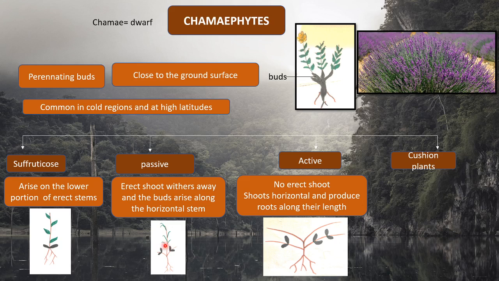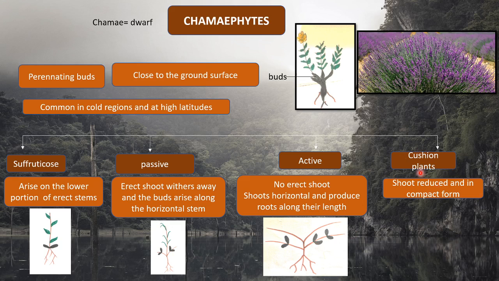Whereas in passive there is an erect stem formed, but that erect stem then withers away and dries away and then the buds arise from new horizontal branches. Whereas in active there is no erect shoot, and because of that horizontal shoots come out, and bud formation takes place in the horizontal shoot.